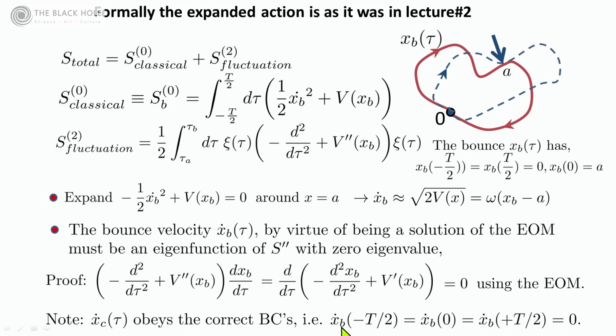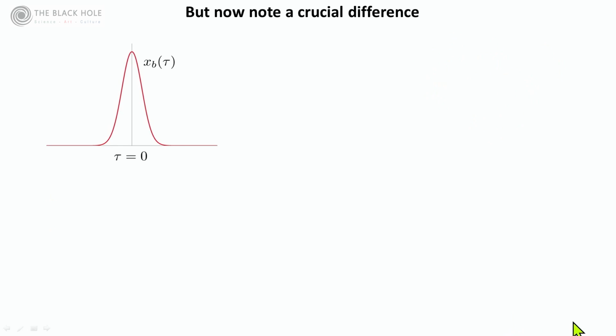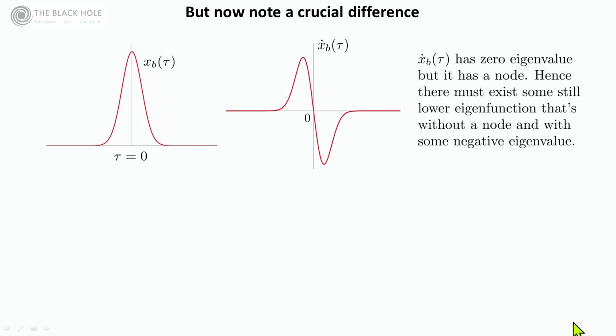So the bounce instanton is at rest to begin with. It's at rest when it comes to the point A, and then when it goes back to the point 0 at time T over 2, it is at rest over there again. Okay, so far there's hardly any difference from what I did earlier. In fact, there's no difference. But now there's going to be a very crucial difference, and that's going to make all the difference.